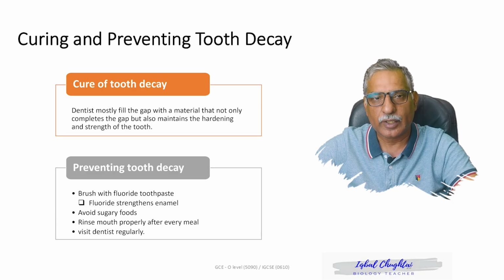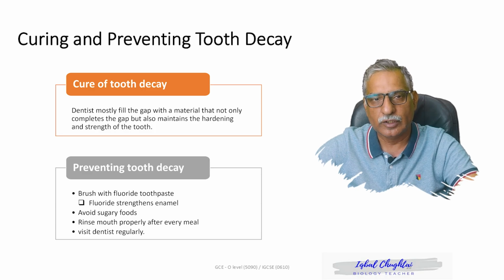We must use antiseptic mouthwash that will reduce the population of bacteria in our mouth. And we must visit the dentist once or twice per annum. If any damage has started occurring to the teeth, the dentist will observe it and counter it immediately before the damage becomes very severe.